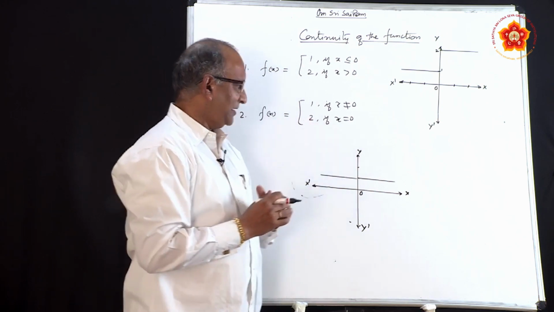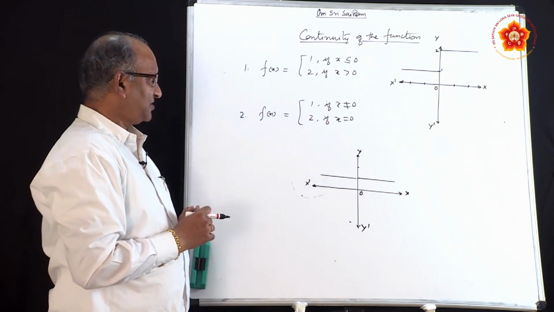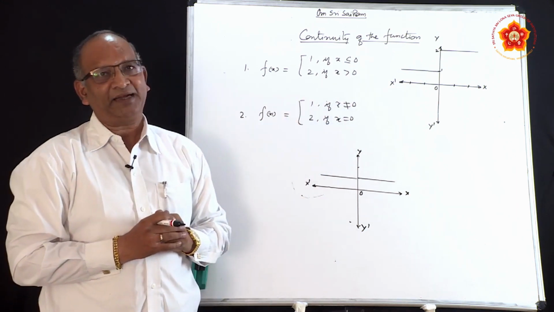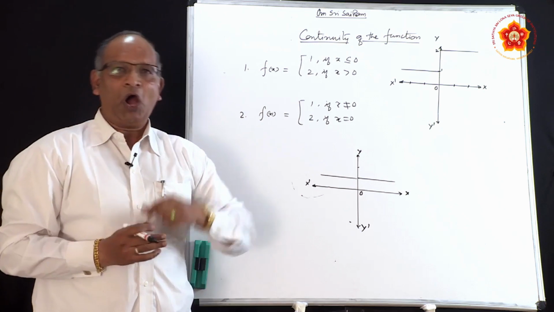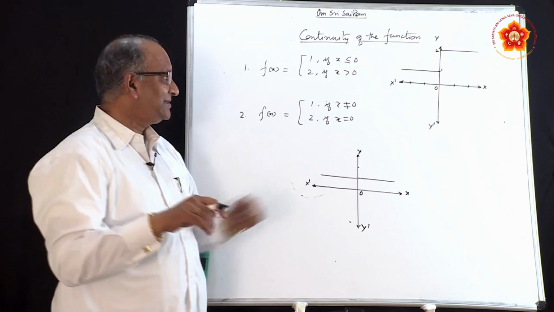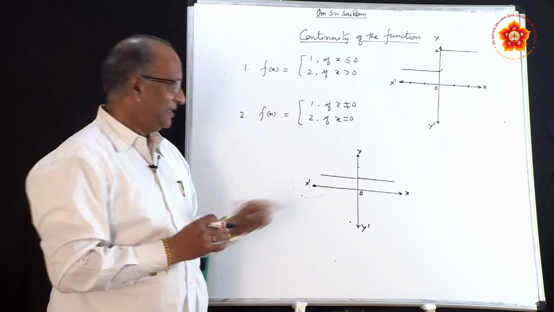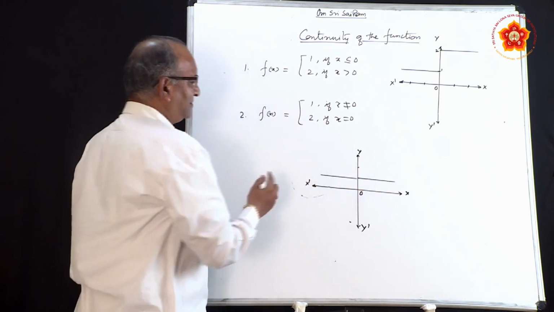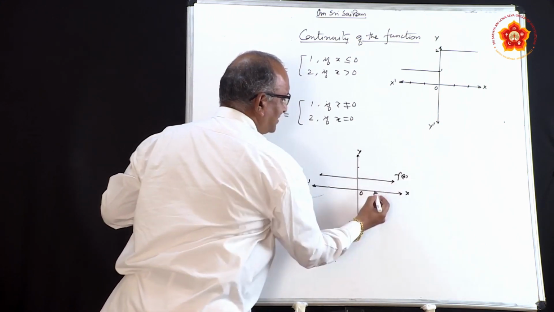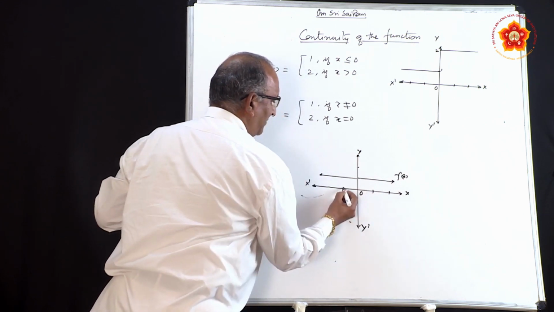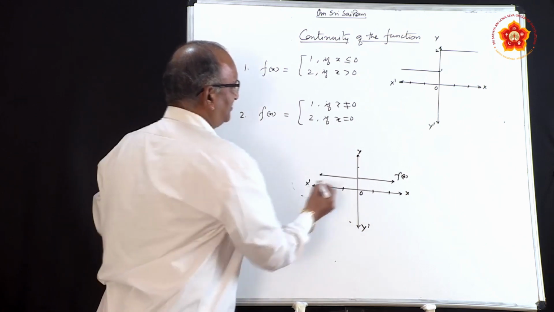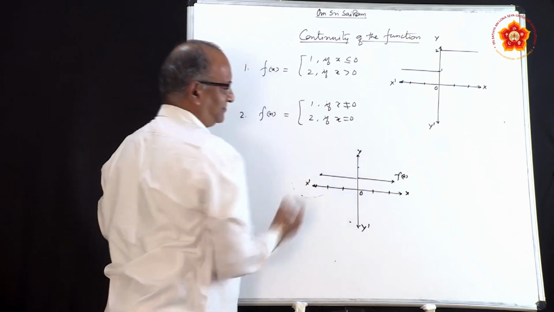Look at the second example. This is the graph for the second function. f(x) is equal to 1 if x is not equal to 0. What do you mean by that? For any positive value or for any negative value, it is 1. But only at 0 it is 2. You can see the graph, it is more like a straight line. This particular graph is that of the function f(x). Whether you take +1 or +2 or -1 or -2 or -3, the value of f(x), the value of y is 1.